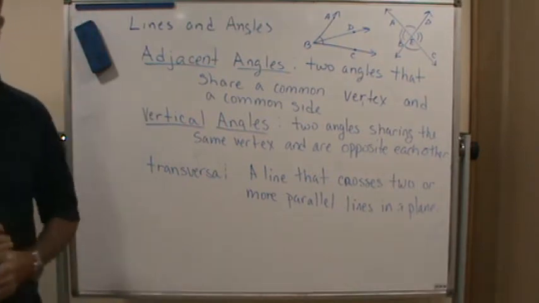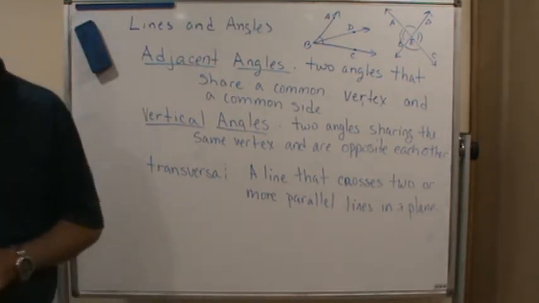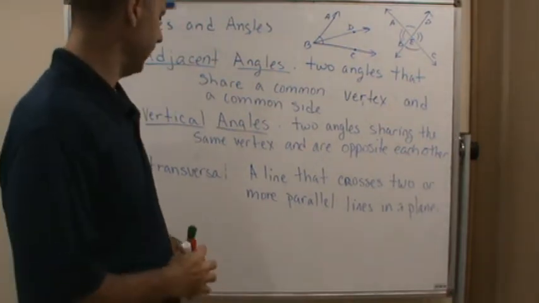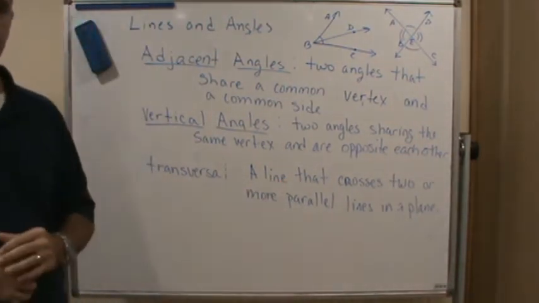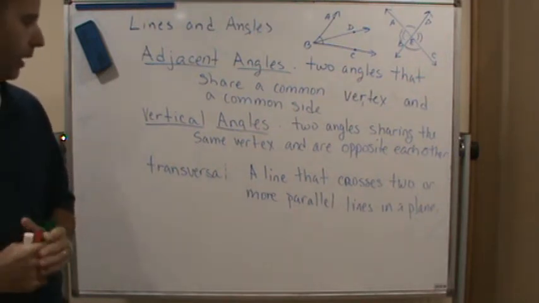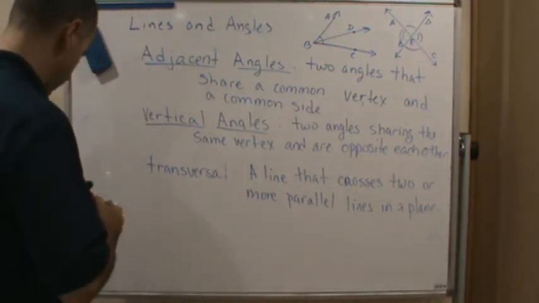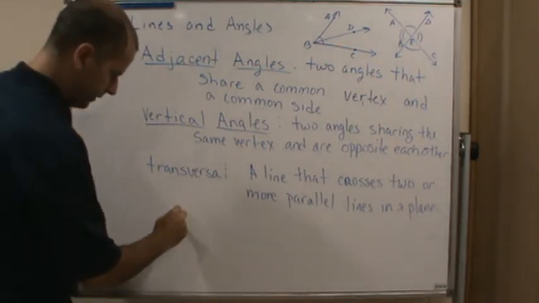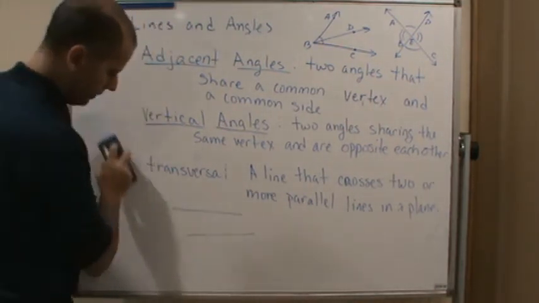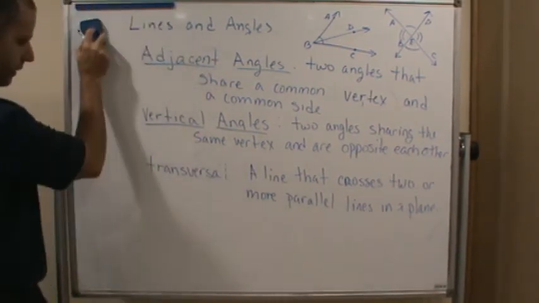And then a transversal is a straight line that crosses two or more parallel lines. So for example, if I drew something like this, let's say I have two parallel lines. Oops, not very good. Let's try that again.